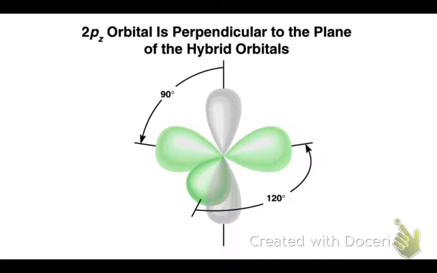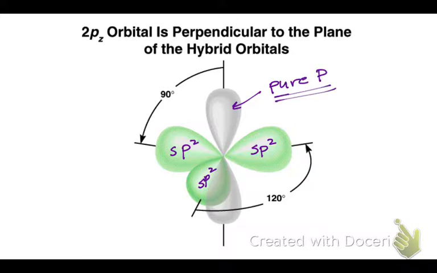So that now gives me 3 hybridized orbitals, sp2, and 1 pure p orbital that was not hybridized, that I'm going to call perpendicular to that plane. So this is an sp2, this is an sp2, and this is an sp2, while this here is a pure p orbital that did not get hybridized. Now remember, each one of them has an electron, including the pure p orbital.